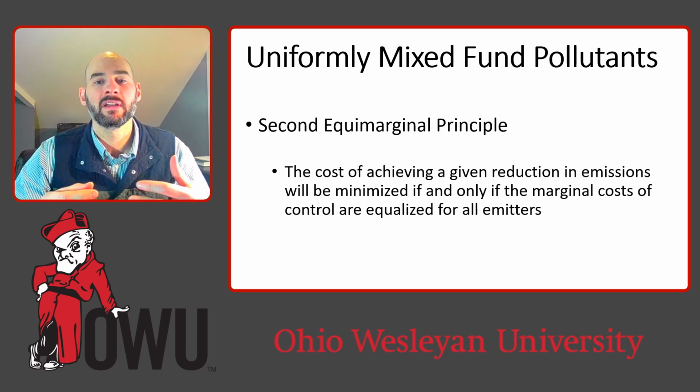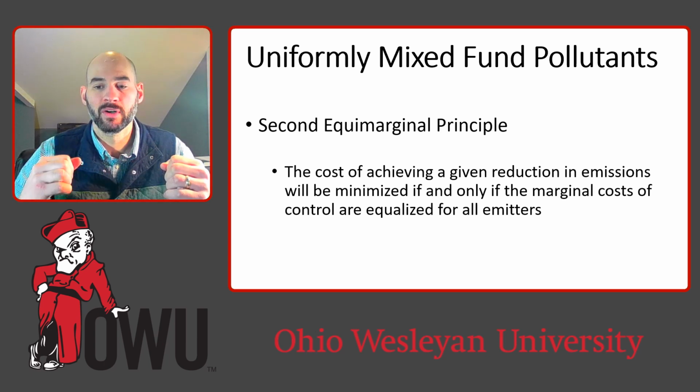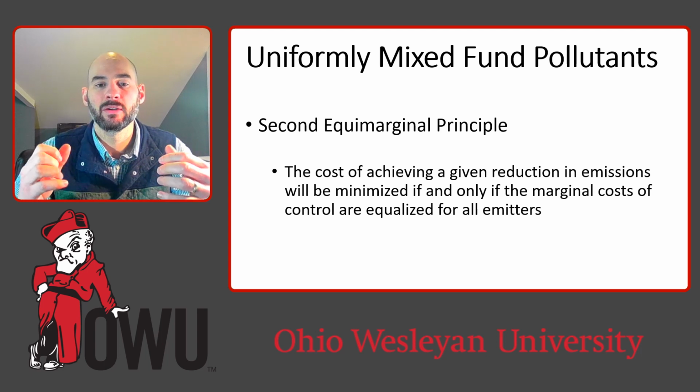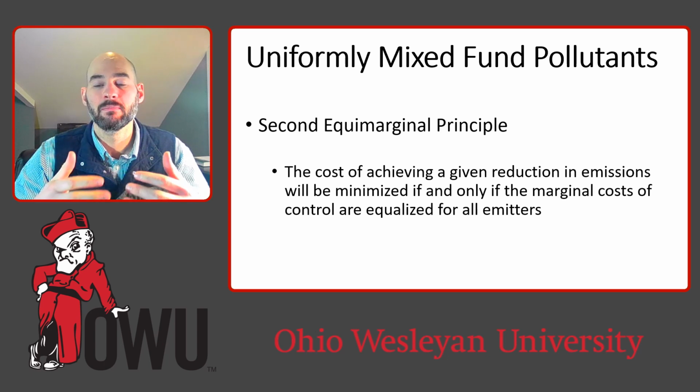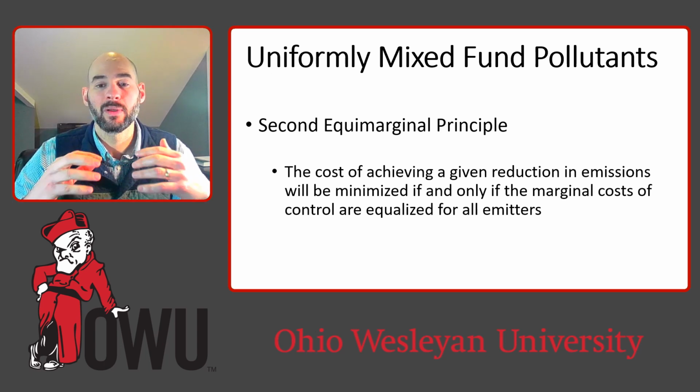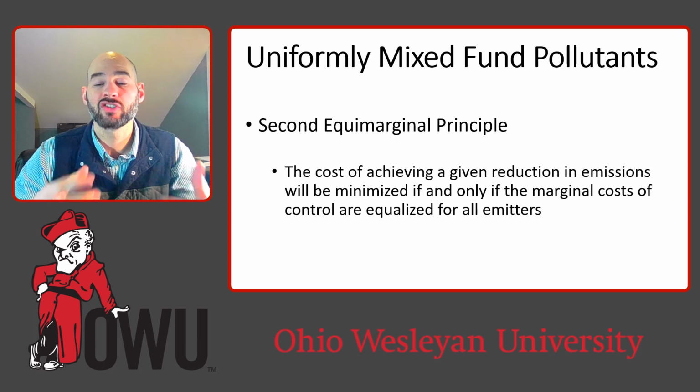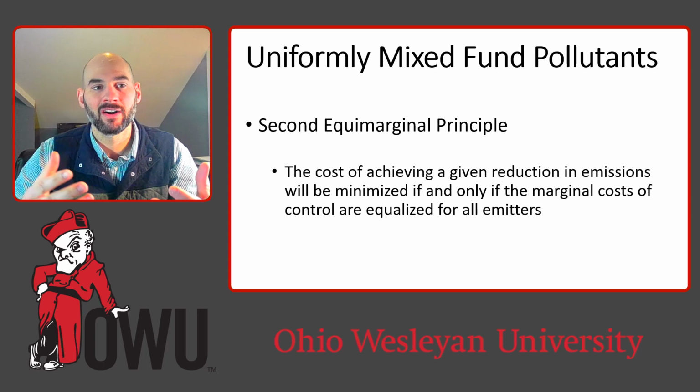When we have multiple polluters, that is multiple firms or companies or individuals who are polluting the same type of pollutant, then we can most efficiently achieve a desired level of reduction in emissions when we set the marginal costs of pollution reduction equal for all polluters.